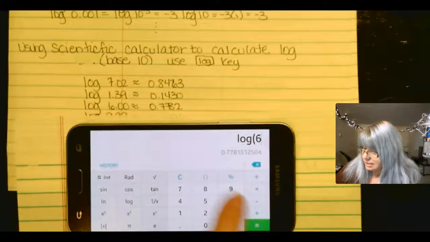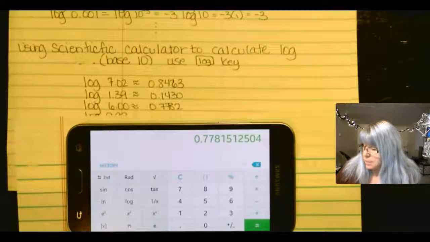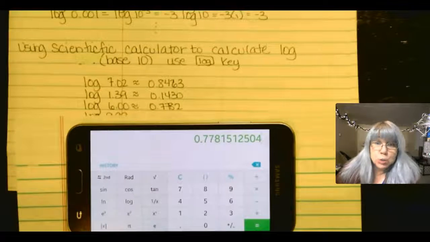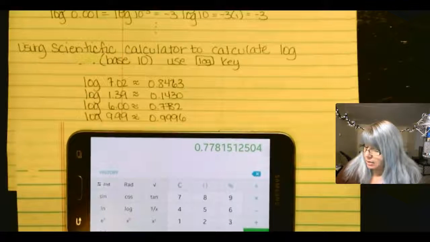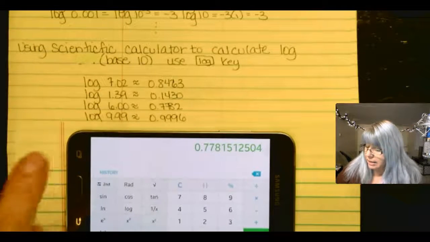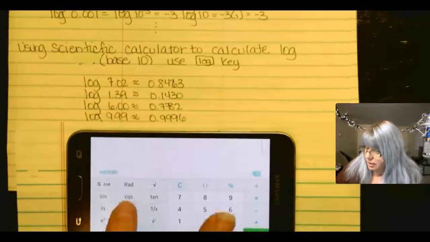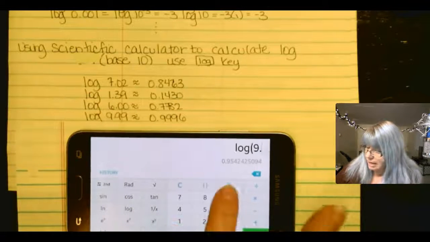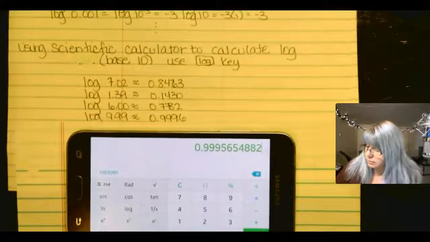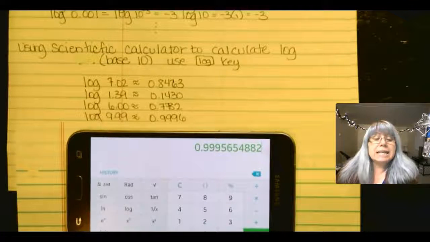Log of 6.0, and we're going to round that to 0.7782. And log of 9.99. Clear. Log 9.99. Right? It's 0.9995.